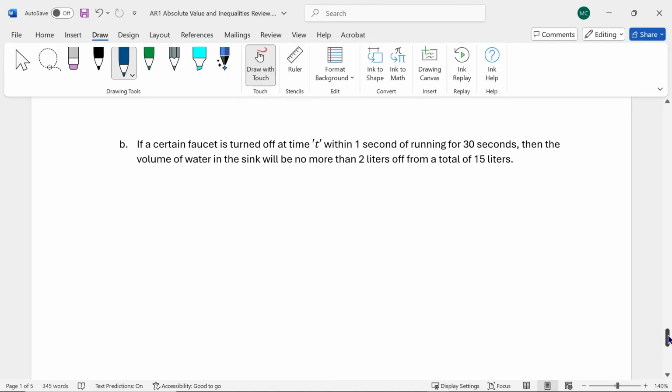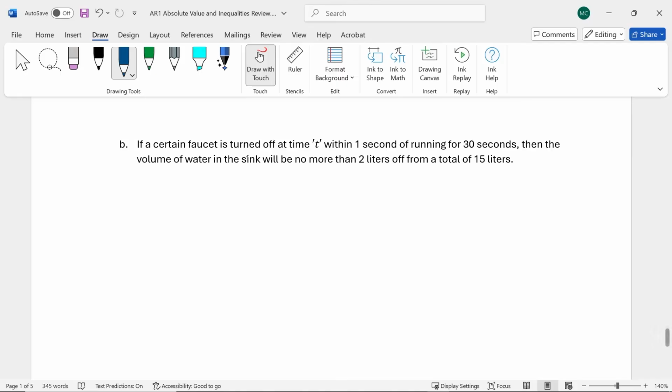And now, if a certain faucet is turned off at time t within 1 second of running for 30 seconds, then the volume of water in the sink will be no more than 2 liters off from a total of 15 liters. So how do we translate this into mathematical sentences?